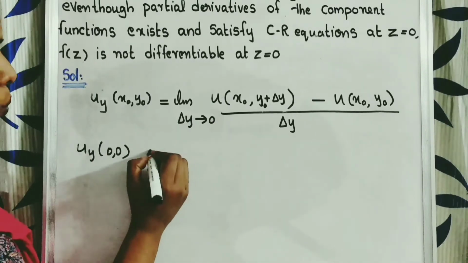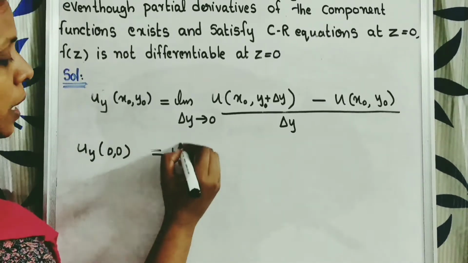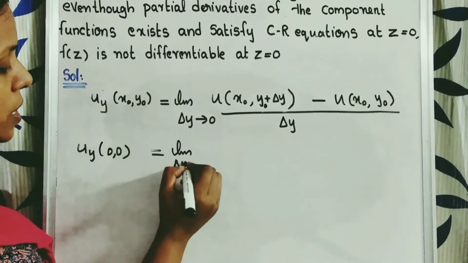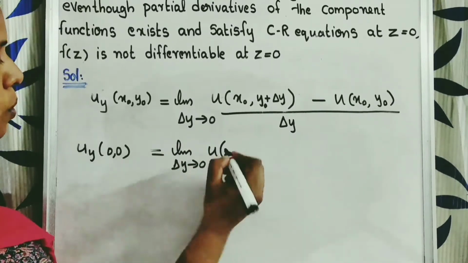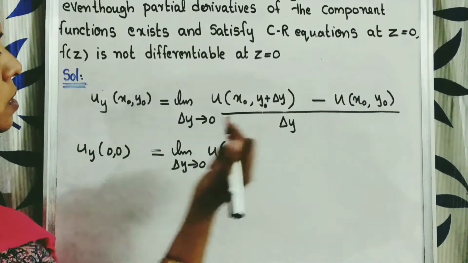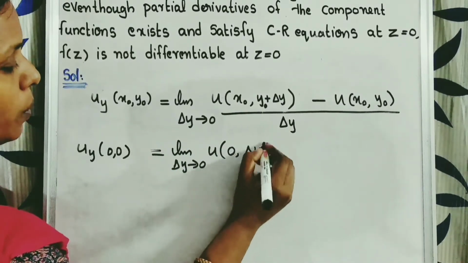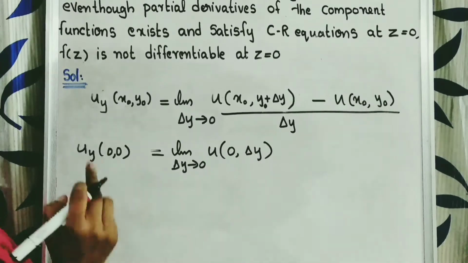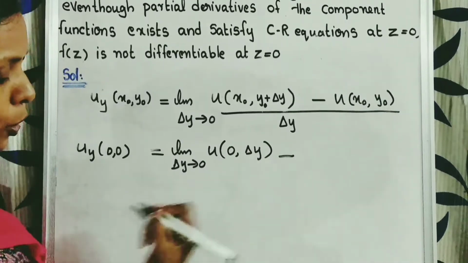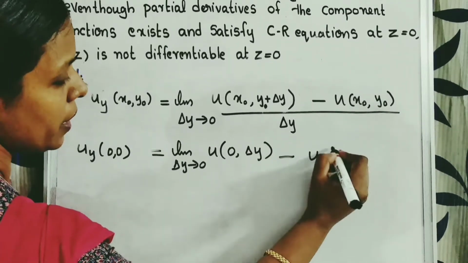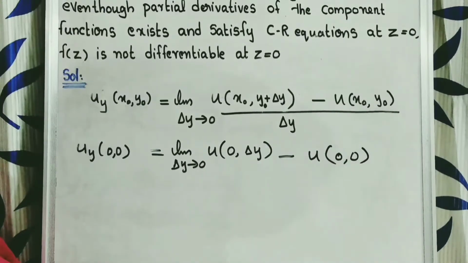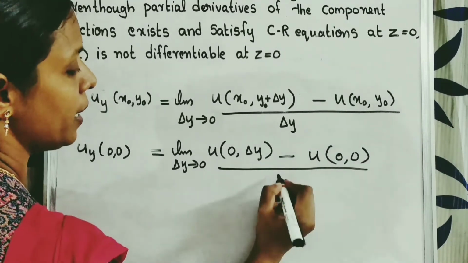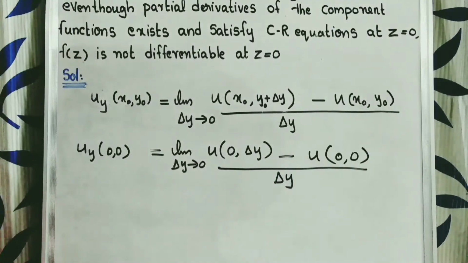We get u_y(0,0) is equal to limit Δy tends to 0, [u(0,Δy) minus u(0,0)] divided by Δy.